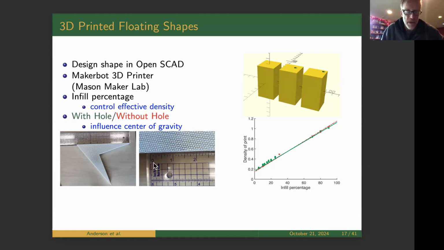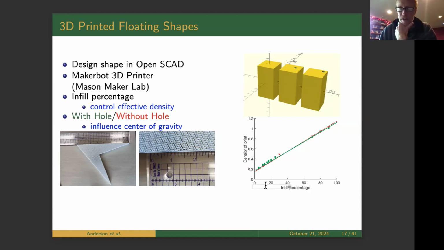So in this picture below with this thing we call a triangle, one of our bigger shapes we floated, if you look closely, that's about 80% infill. This happened to be a failed print that didn't print all the way through. Generally the prints we would float, you wouldn't be able to see the inside, so it's in principle watertight.